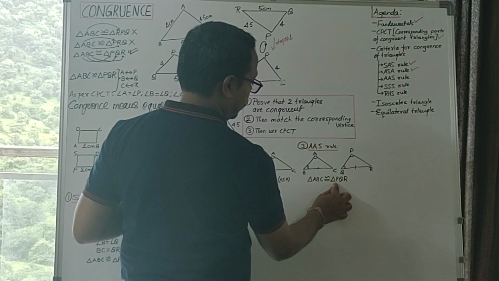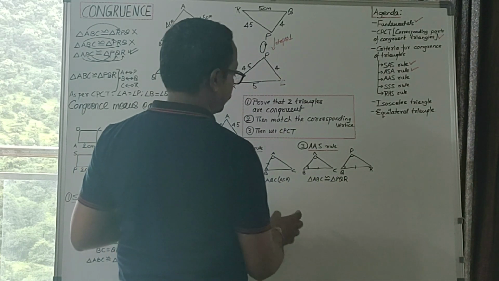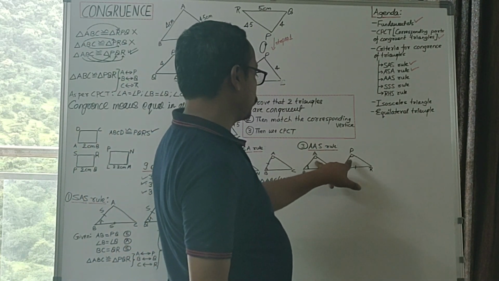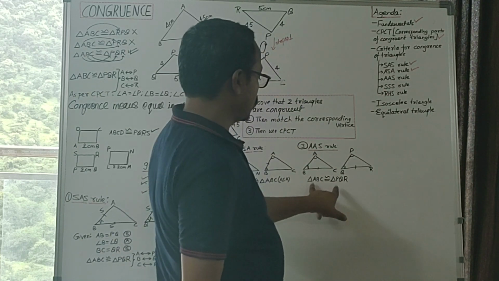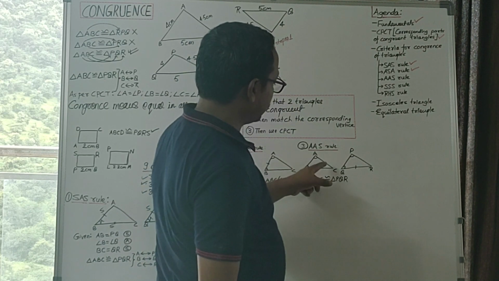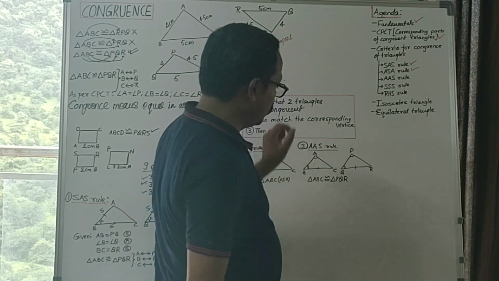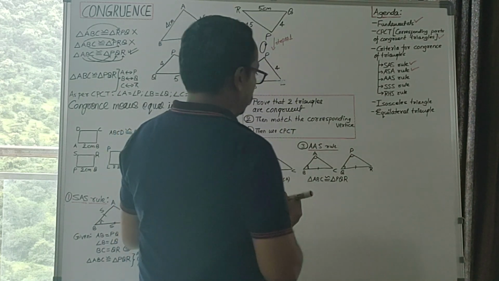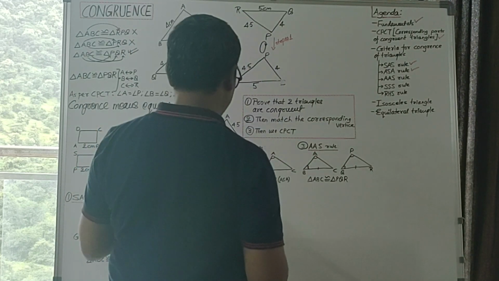You are pairing A to P, B to Q, C to R. Since the two triangles have been proved congruent, you can use CPCT: corresponding parts of congruent triangles are equal. So angle C is equal to angle R, AB equal to PQ, AC equal to PR.